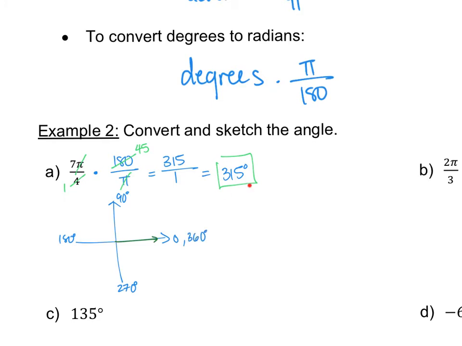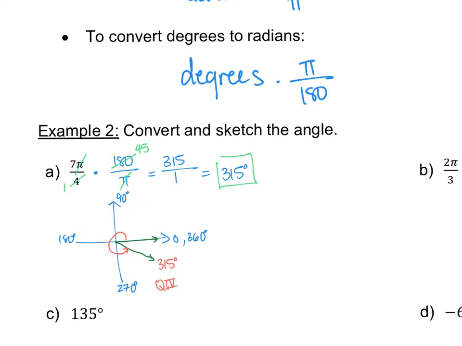So my number is not more than 360. My number is between 270 and 360. So 315 lies somewhere in the 4th quadrant. I can see that this swung all the way around to make that 315 degrees. So I'm in the 4th quadrant, and I showed my picture using the coordinate system.